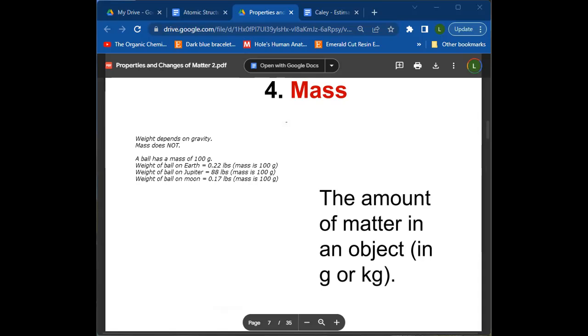Basically, because Jupiter has a gravitational pull that's a lot stronger than the Earth, that's what results in the higher weight. But the mass, the amount of stuff in the object, is staying the same.